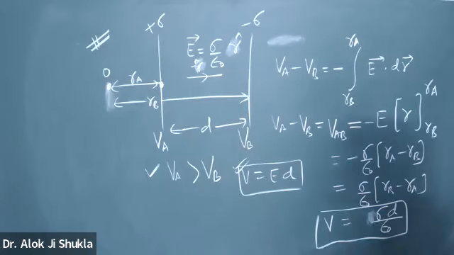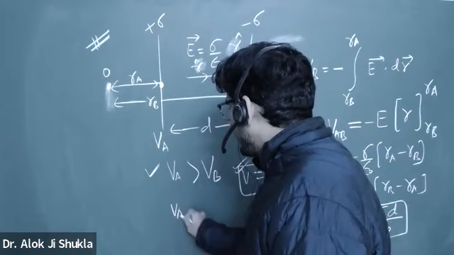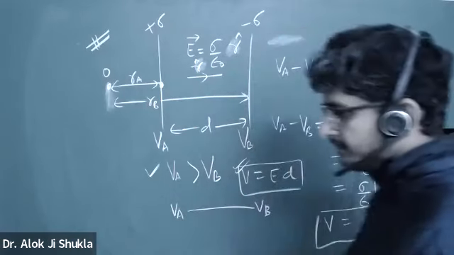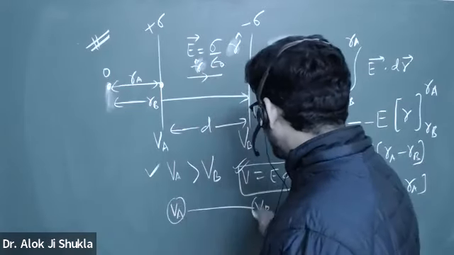और यहां पे एक और बात बहुत ज्यादा अच्छी पता चली कि सपोज VA यहां है, VB यहां है. This is at higher potential, this is at lower potential.